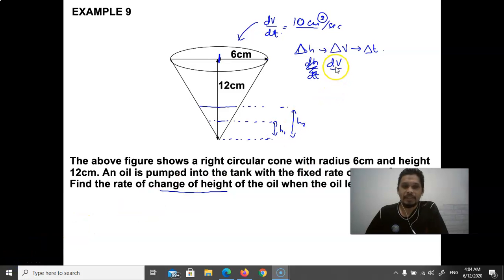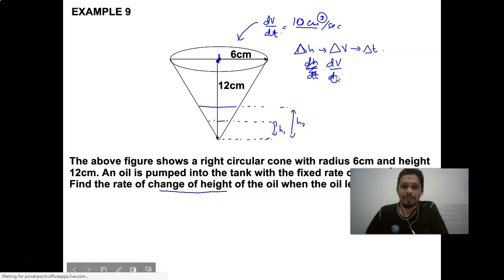And now dV/dt, the changes of volume with respect to time. So there are three things that we need to consider: the changes of volume with the height with respect to the time. So we are talking that here now is dV/dH and dH/dt.